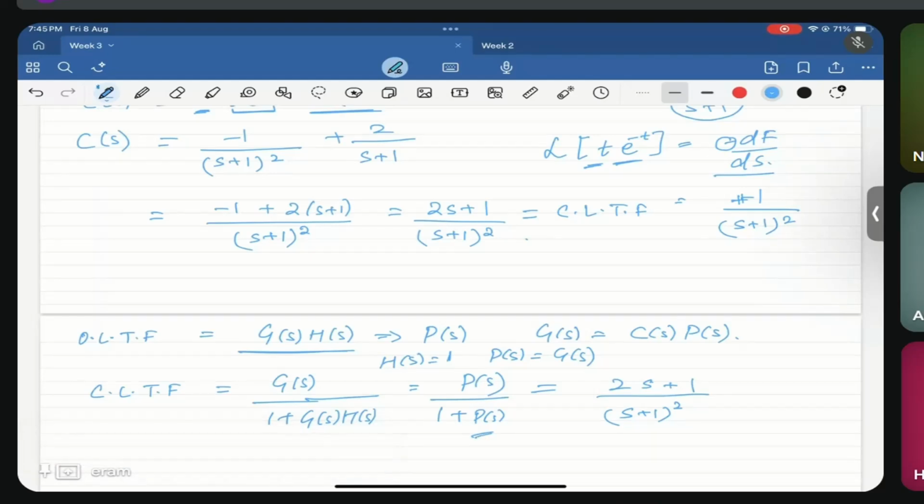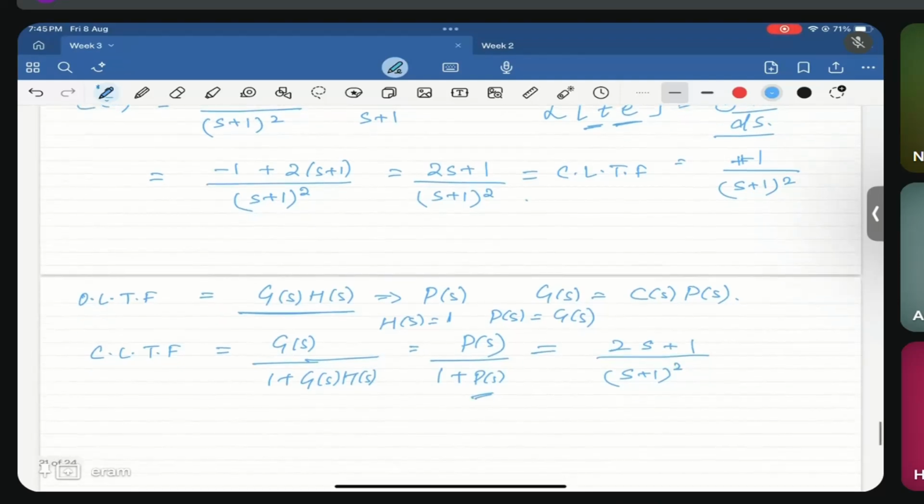Now find out what is P(s). P(s) divided by 1 plus P(s) equals this thing.